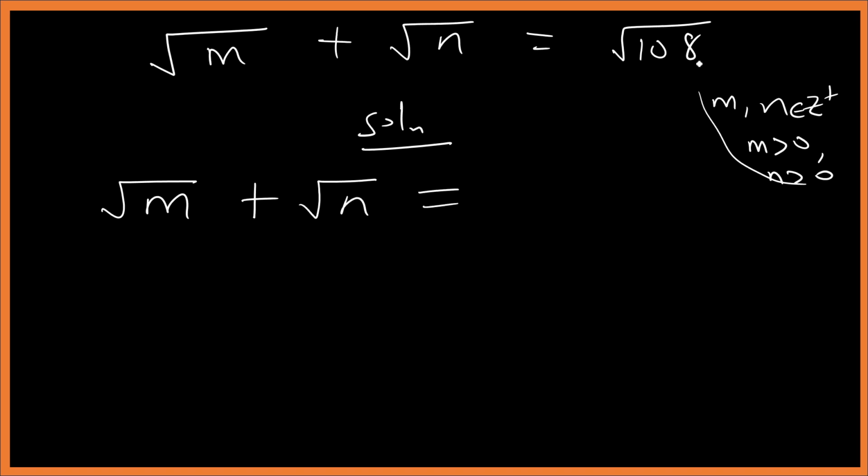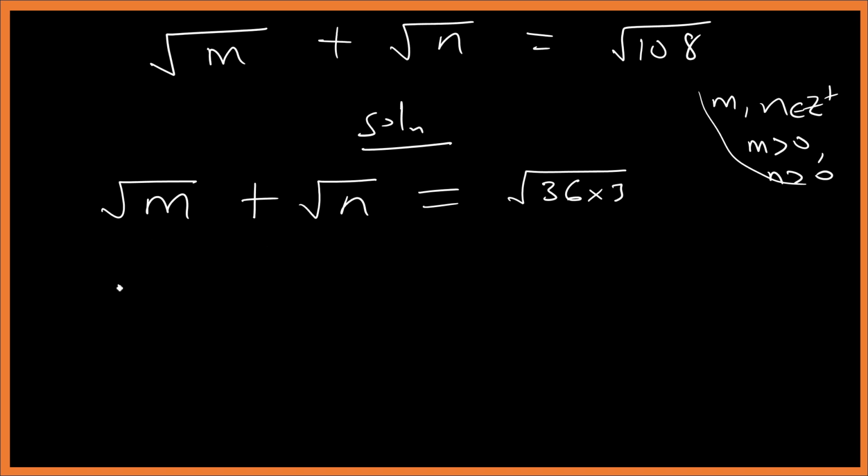Let's write this one, 108, as 36 times 3. 36 times 3 is 108. We are using 36 because this is a perfect square.